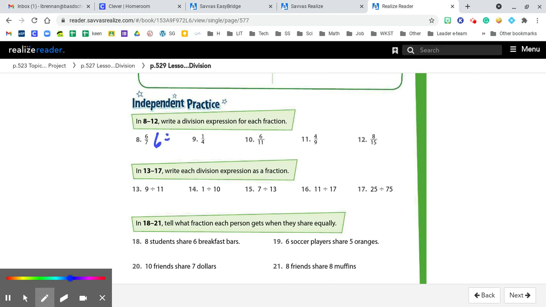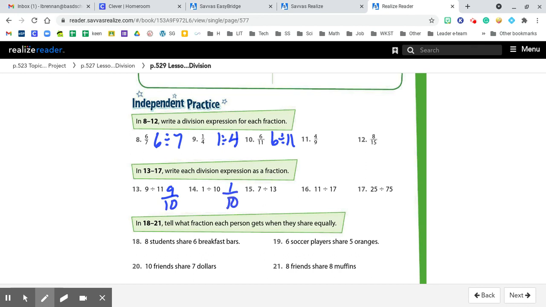So numerator divided by denominator, numerator divided by denominator, and so on. Write each division expression as a fraction. The 9 is the numerator, 11 is the denominator. First position is the numerator, second position is the denominator, and so on.